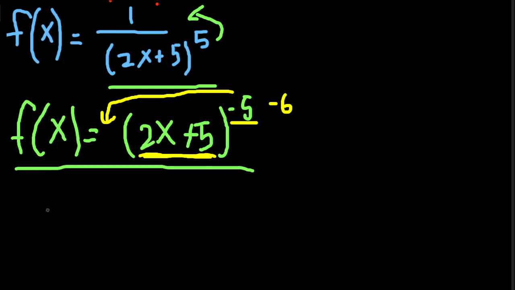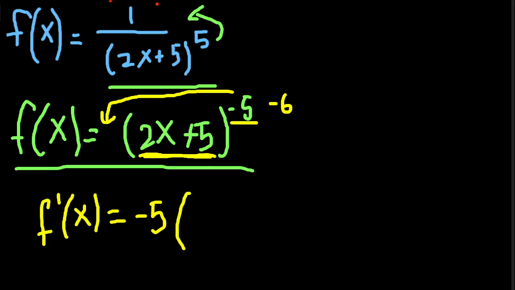So let's do f prime of x. Minus 5 goes out front because that's what the exponent originally was. And this function stays; whatever you have in here in the first thing, it just stays.